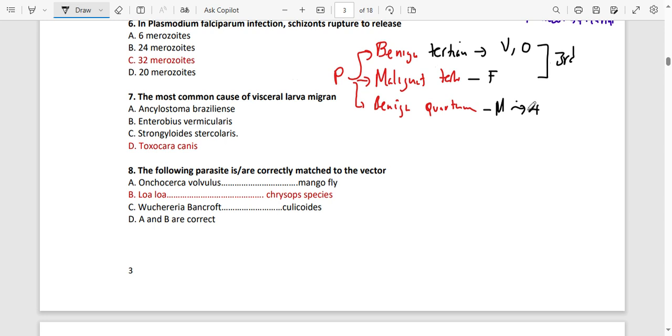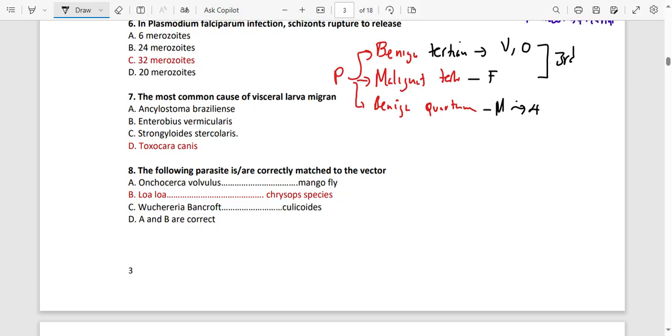Another thing we should know is that falciparum infects red blood cells of all ages, whether old or young. And then the morphology: you have got a trophozoite, which is the ring form. Please take note, a trophozoite is a ring form. And then the schizonts can rupture.